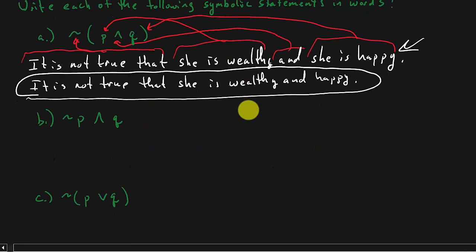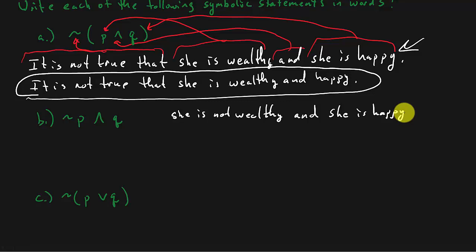All right, so what about this one? Not P and Q. So not P, what does that mean? That's she is not wealthy, right? That's not P. And then we have the and, that symbol there. And then for Q, she is happy.